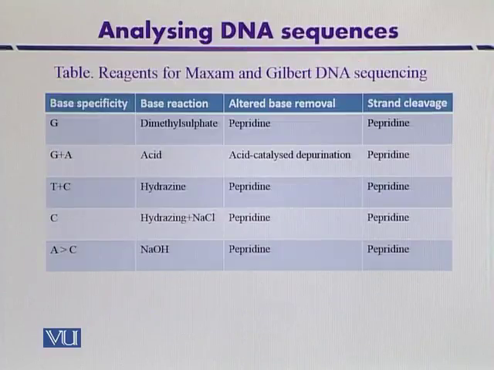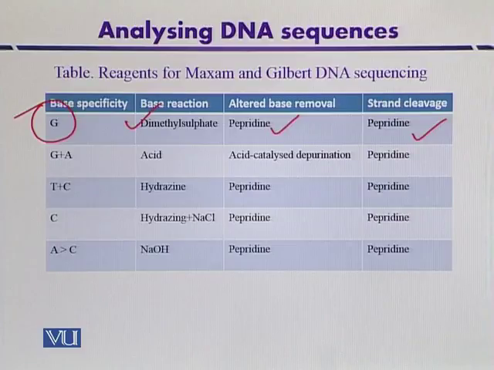Again, this table indicates different sets of bases and chemicals that can alter them. For example, in the case of guanine, the chemical reagent is dimethyl sulfate. As I told you, when the base is altered, the altered base can be removed by piperidine. And finally, the sugar bond can again be cleaved by piperidine, so that we will get a short fragment of DNA.